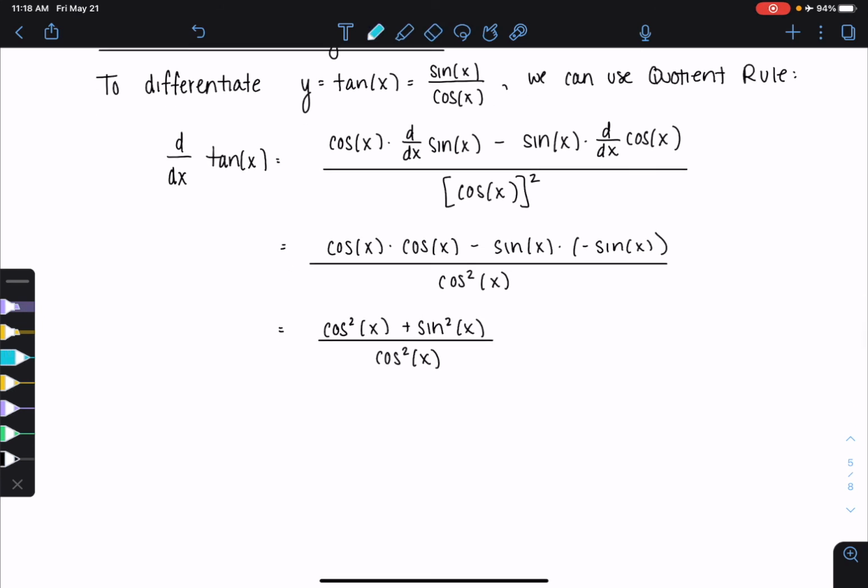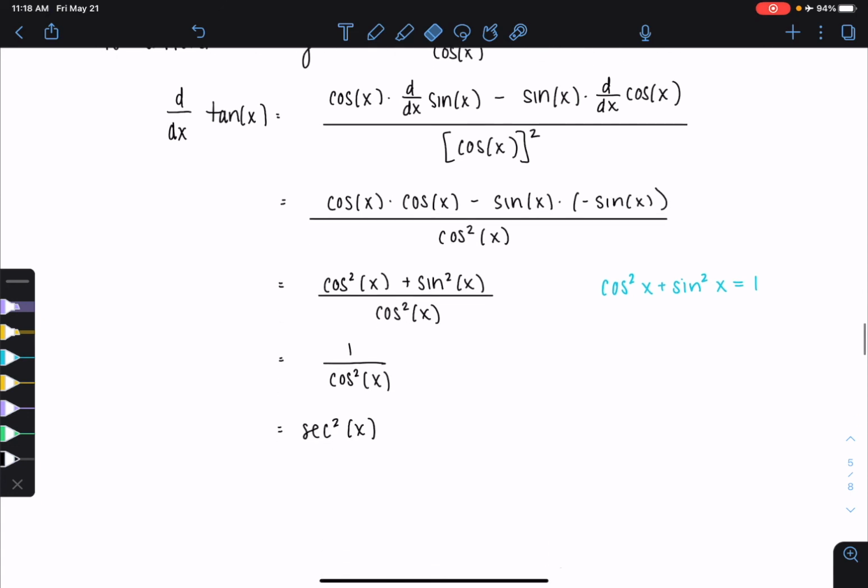And if you remember your Pythagorean identity, cosine squared of x plus sine squared of x is always going to equal 1. So that numerator becomes 1 over cosine squared, and that is just secant squared. So ultimately, the derivative of tangent of x is secant squared of x.